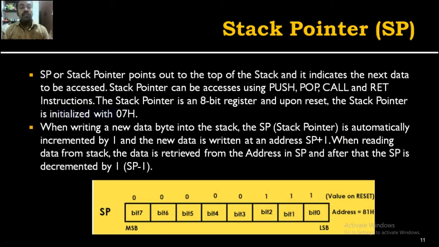If the data are stored in the stack, the stack pointer is incremented by 1. Okay, it will point to the top of the stack. If the data are removed or read from the stack, the stack pointer is decremented by 1. Okay, so the stack pointer is an 8-bit register, so it can store the address of the top of the stack.